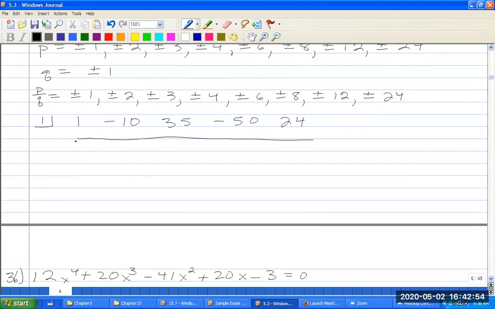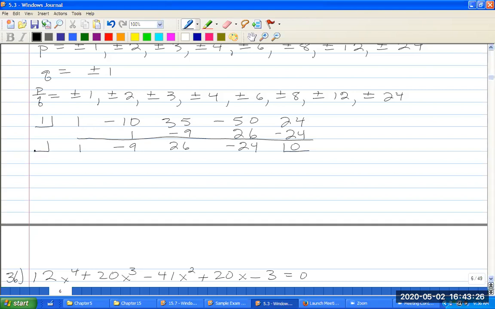So let's drop down to 1 times 1 is 1, minus 10 is minus 9, times 1 is minus 9, plus 35 is 26, times 1 is 26, minus 50 is minus 24, times 1 is minus 24, which gives you 0. Okay, good.